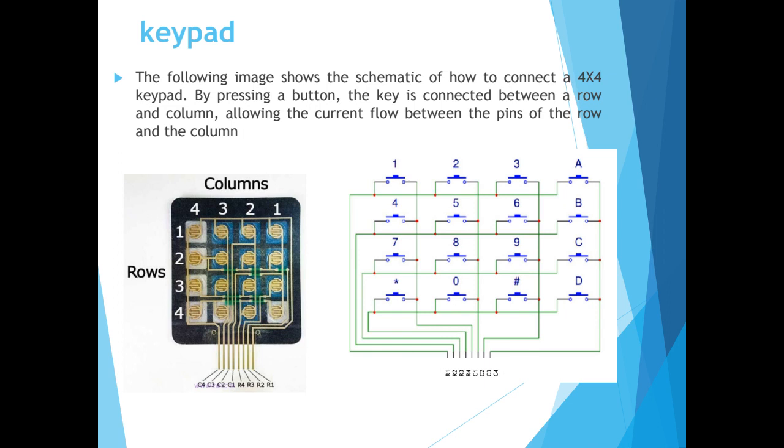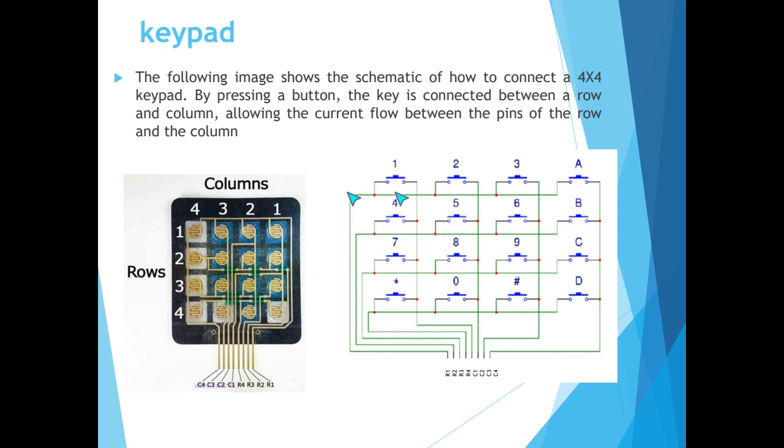Okay, nice. Actually, here in this image, you can see a 4x4 keypad. This image shows the schematic of how to connect the 4x4 keypad, and by pressing a button, the key is connected between row and column, allowing current to flow between the pins of rows and columns.